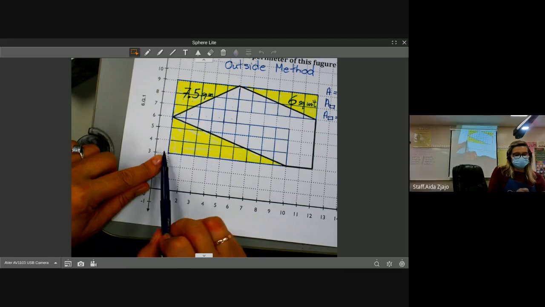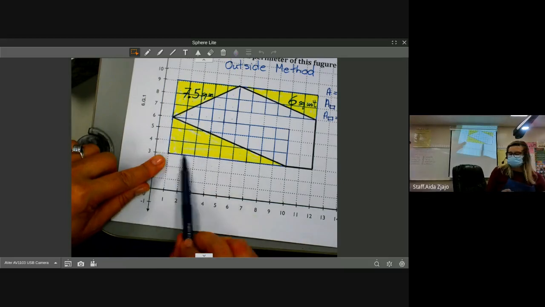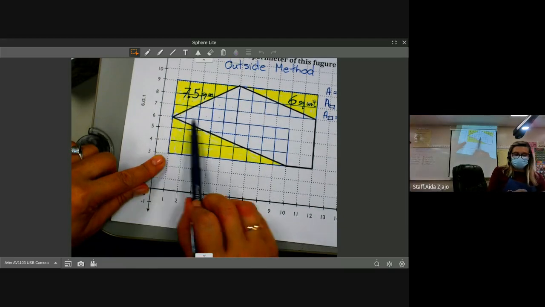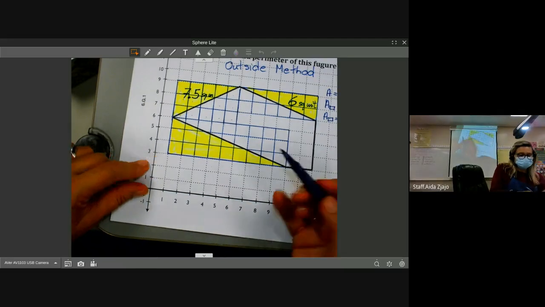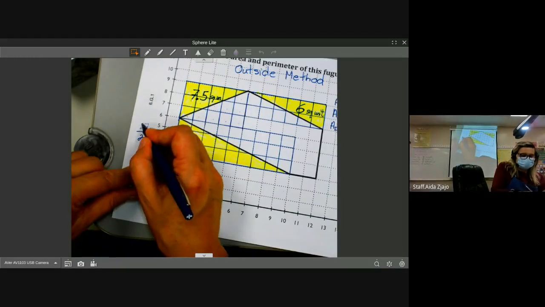Okay, what is the width? 3. So what is 3 times 9? 27. But is that all triangle? So what do you do with 27? Split it into 2, correct.